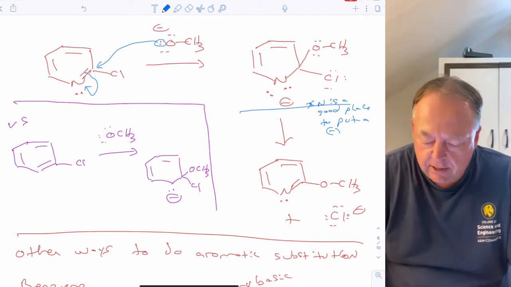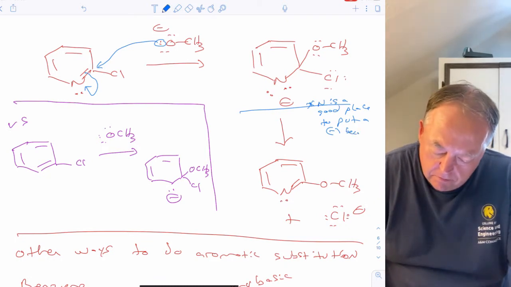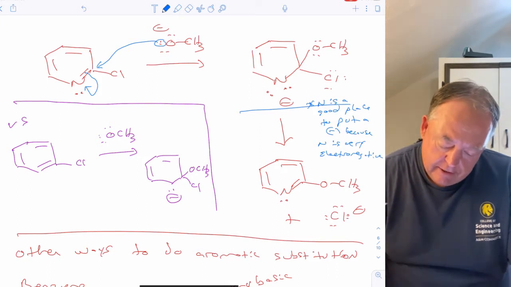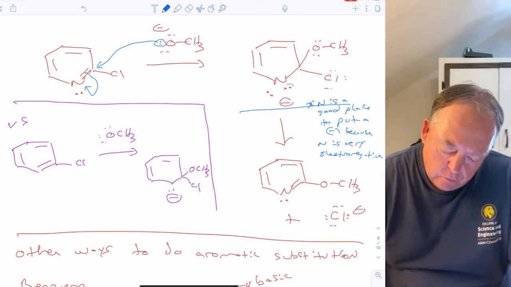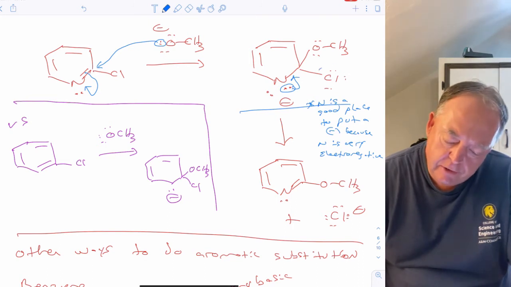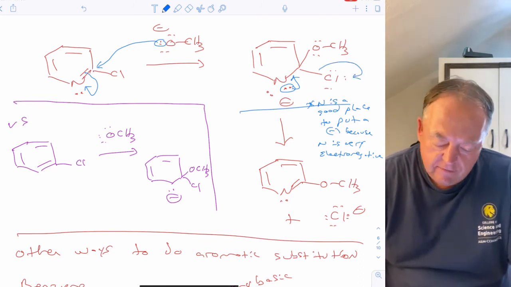Because nitrogen is electronegative. And then in terms of finishing the mechanism off, we would simply bring that lone pair back down, remake your pyridine ring, and chlorine comes off.